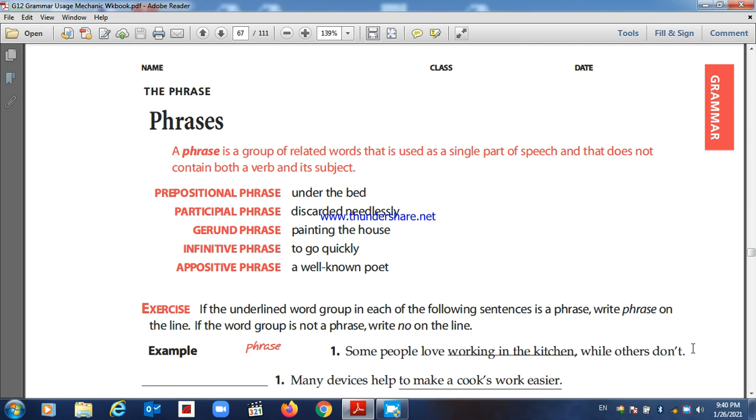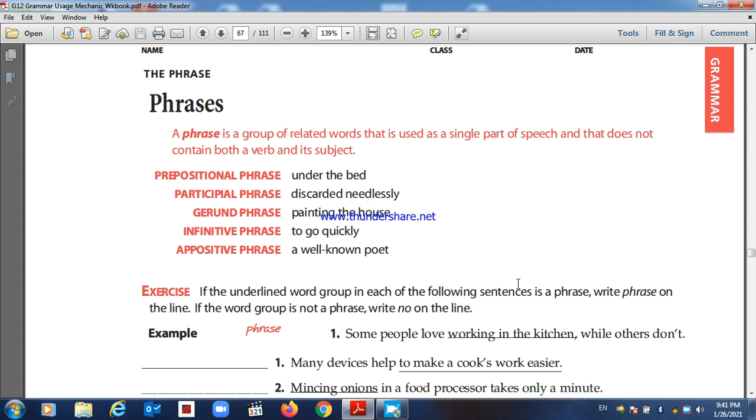Today we are going to have a lecture on phrases, okay? And as it appears in front of you on the screen, we are going to identify the 5 different kinds of phrases, okay? Very good. First, we are going to define the meaning of a phrase.